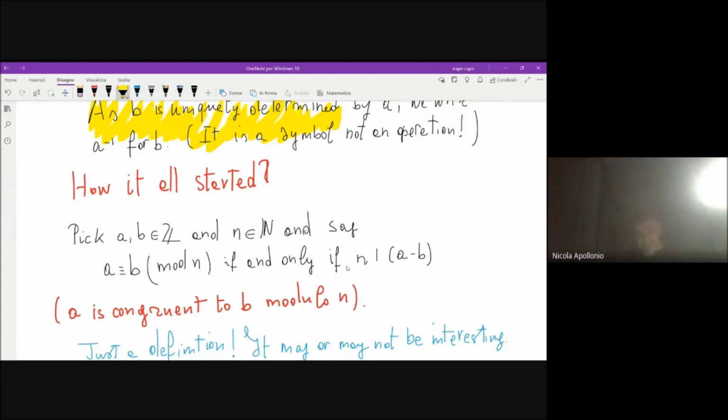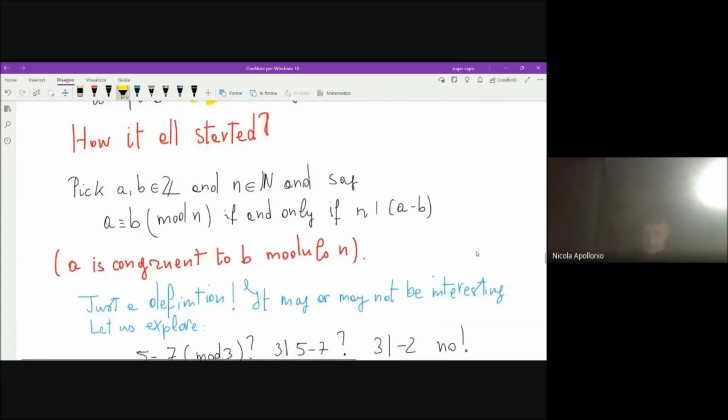So, most of what I'm saying we already mentioned. This is just a good recap. Pick two integers a and b in Z and define this relation. This is a relation because it is a statement about pairs of integers.